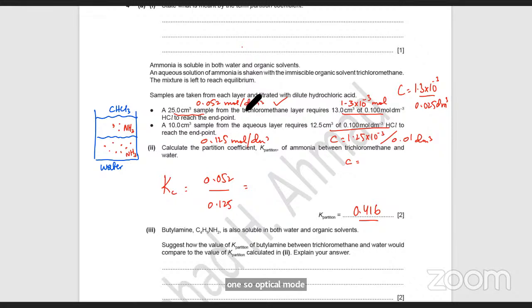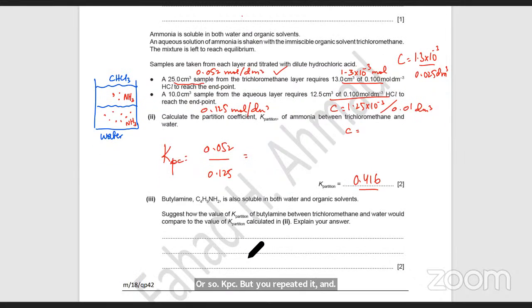And then the concentration from that volume. So you found the concentration, right? And so KPC. You did the same for the bottom layer too. You repeated it and got the result, okay? Clear? All right. Yes, understood.